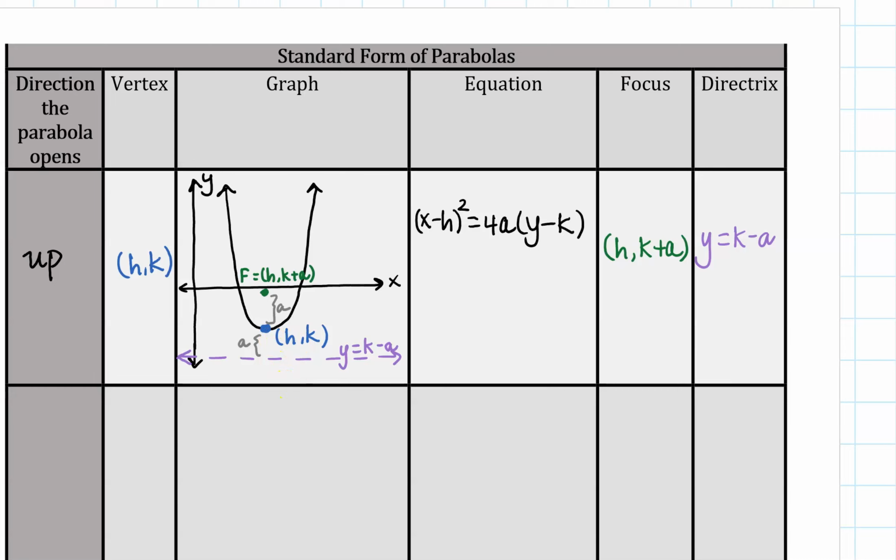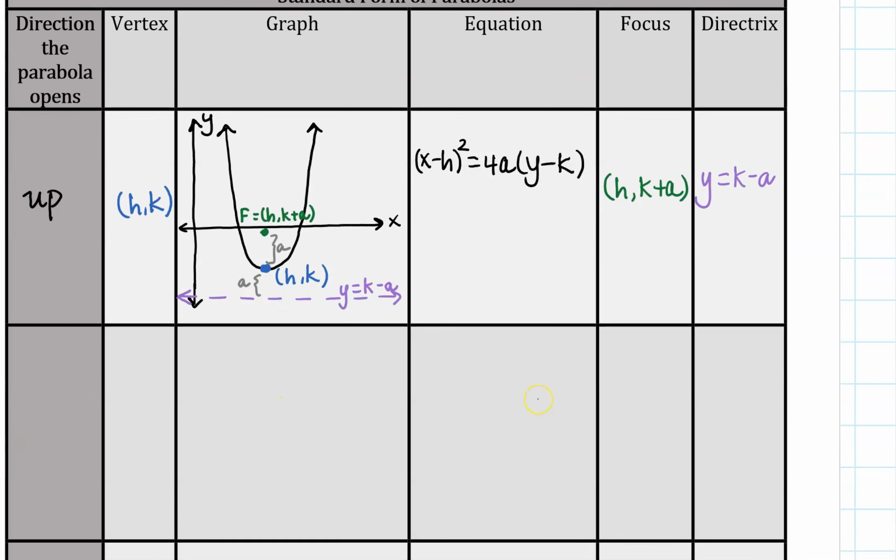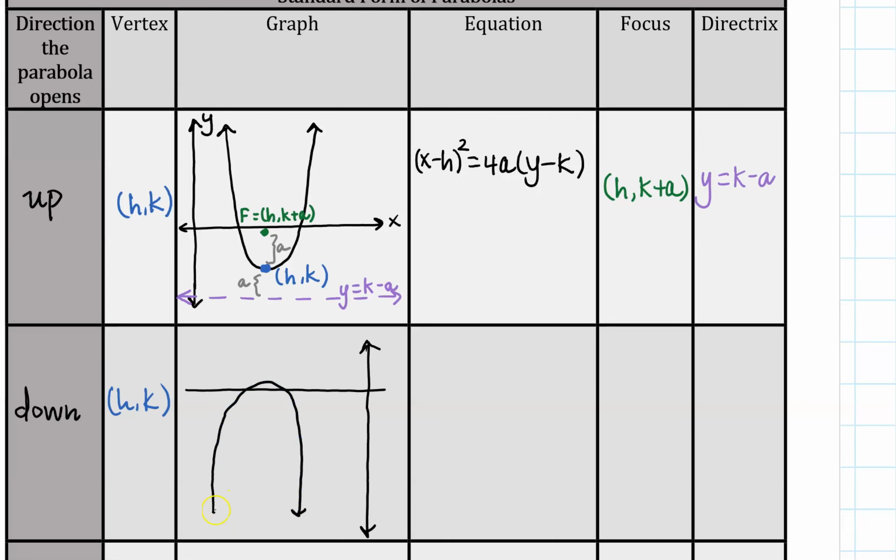Working on filling out the second row now, I'm going to look at a parabola that opens downward. I'm still going to call the vertex of my parabola the point (h, k). And now I will draw in a parabola that opens down, something that looks like that. And so this point here, my vertex, is the point (h, k).